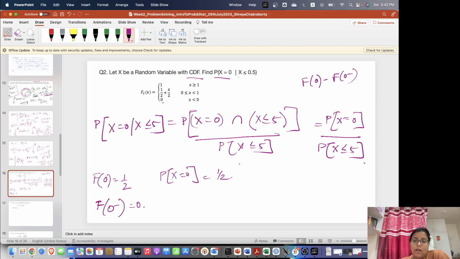Alright. Now the second part is probability x less than equal to 0.5. We have the value of the numerator.